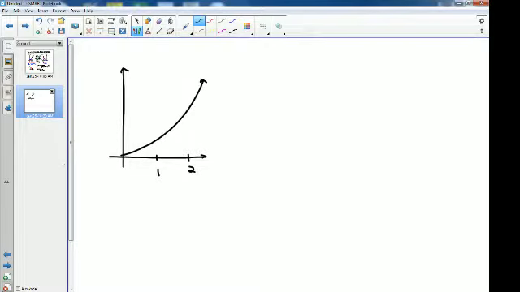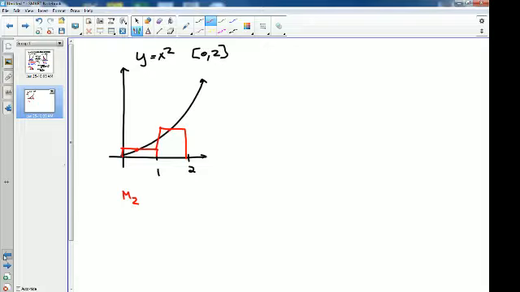Same function, right? Make it easy. Over or underestimate?